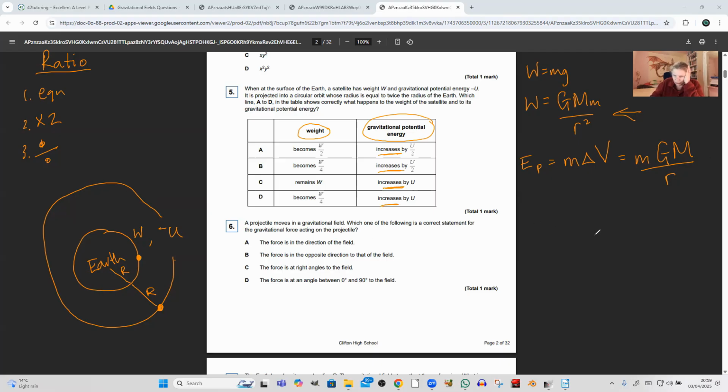That's what we've got to do. So we've got to do the new one minus the old one, haven't we? So m delta v then is going to be our final potential energy, which is mg over r, whatever it is, minus u. That's our final. Can you see what we've got to do? Because it's the difference, isn't it, in the energy that we've got to get. So okay, let's work out what.